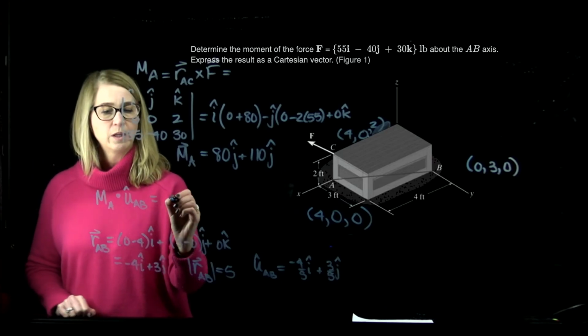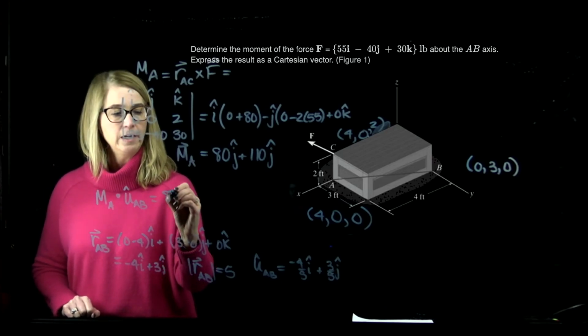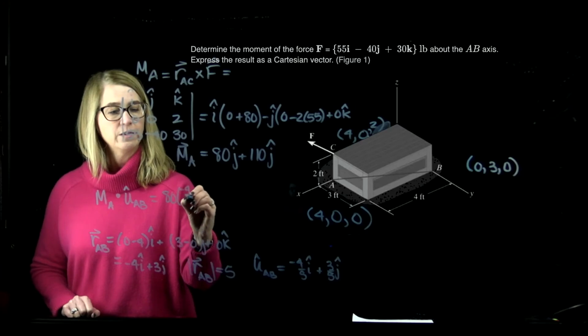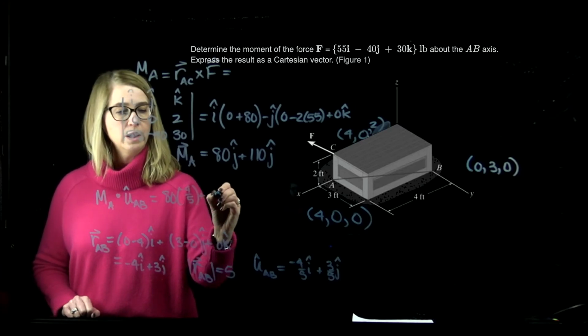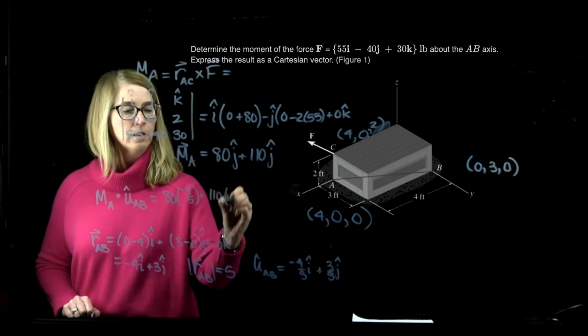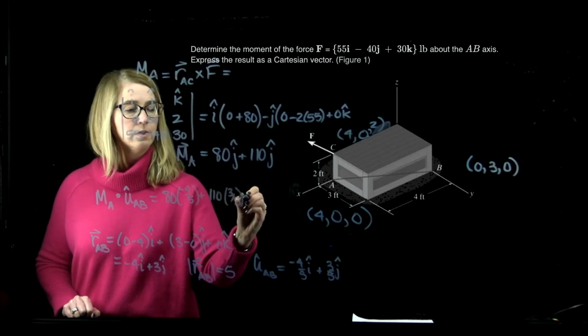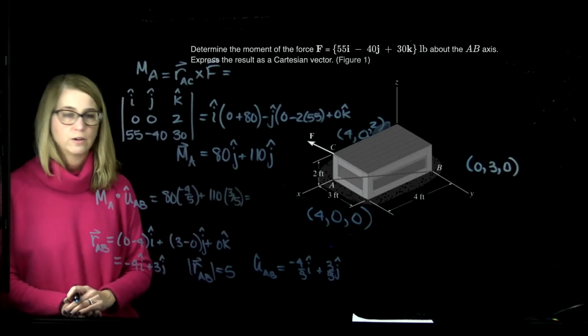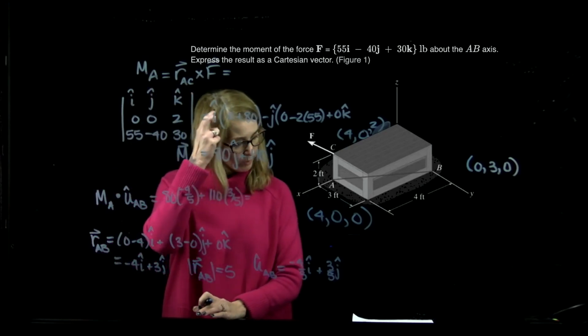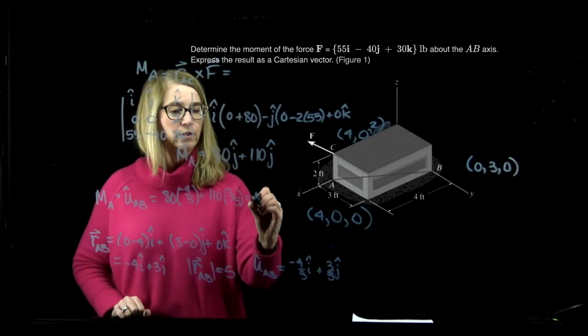And so multiplying these two together, I get 80 times -4/5 plus 110 times 3/5. And this gives me together the magnitude of that moment, which is 130.